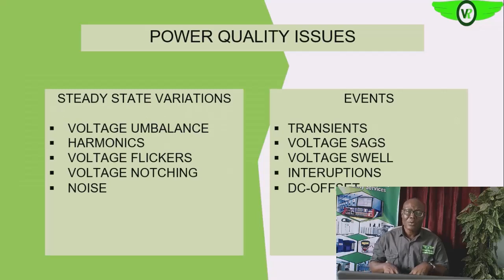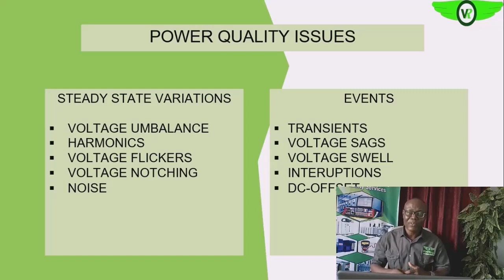So now, what are the various power quality issues that can affect the quality of the power that we are actually sending to our electric power system? They can be divided into two broad categories. Okay, we have the steady state variations or events, and the transient or temporary events. On the steady state events, we see voltage unbalance.